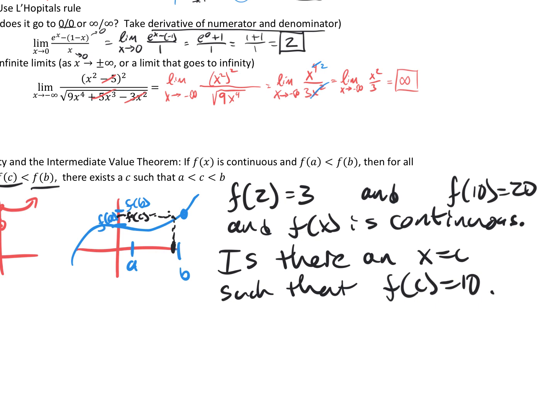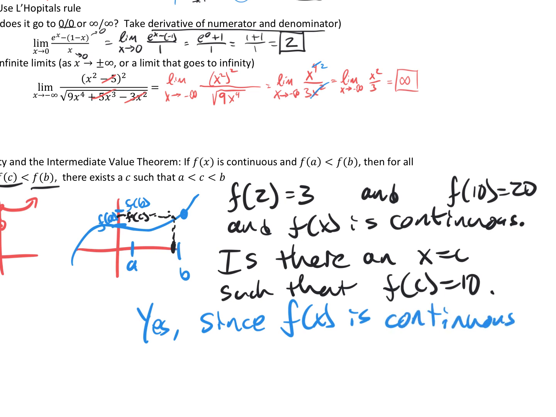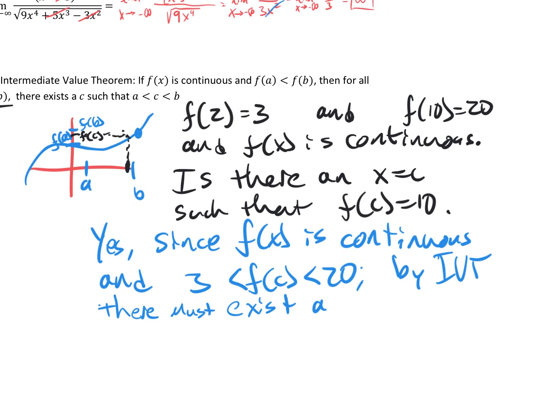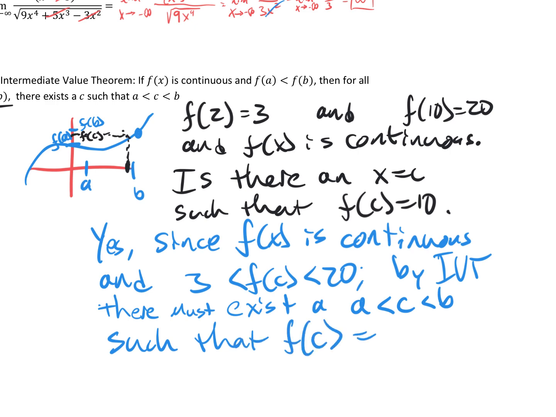And the big idea, it's not a very fancy question there, so yes, since f of x is continuous, and f of c is between 20 and 3, then we can say this: by the intermediate value theorem, there must exist a value of c, that's between b and a, such that f of c equals 10.